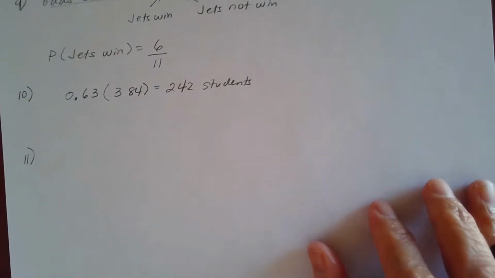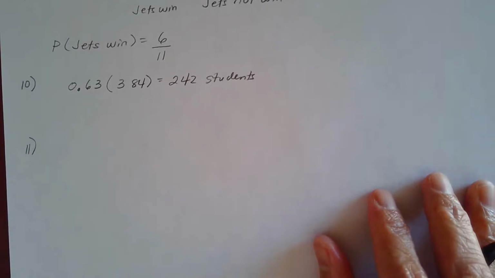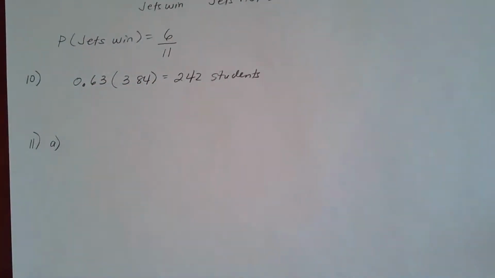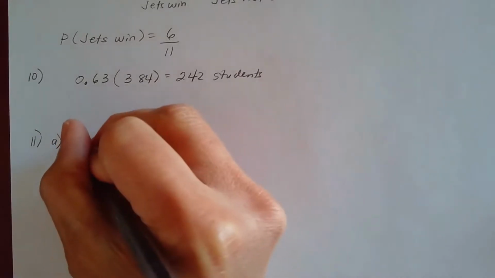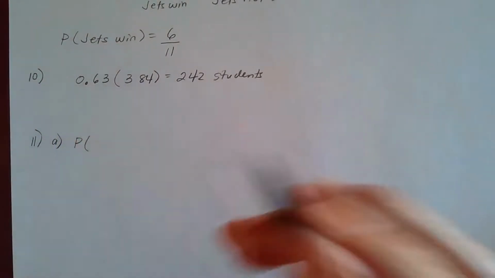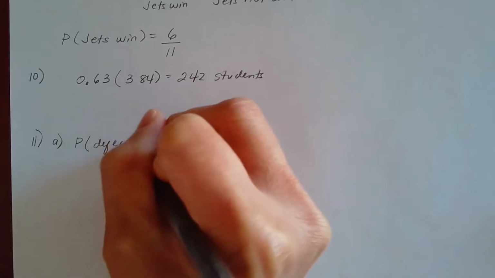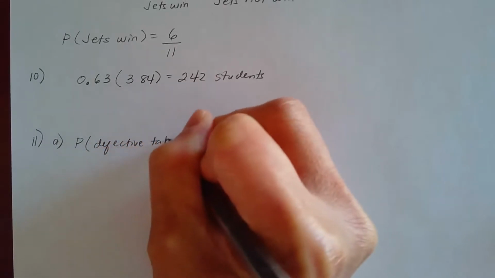Okay, so having said that, what's the question here? State the experimental probability of the tablet to 3 decimal places. So probability, okay, what's the event? Defective tablet.